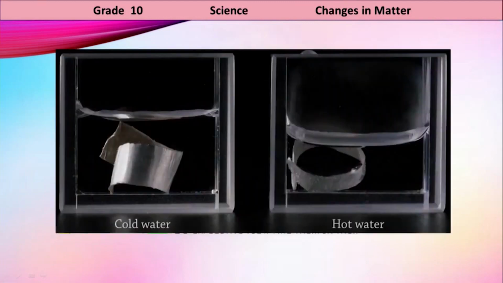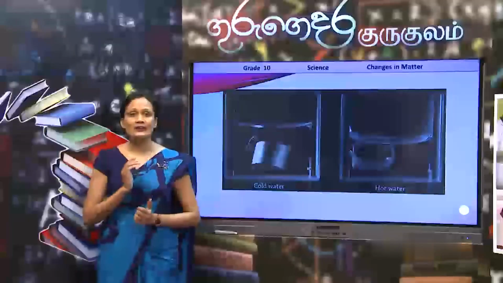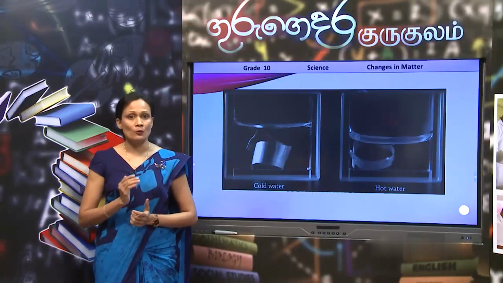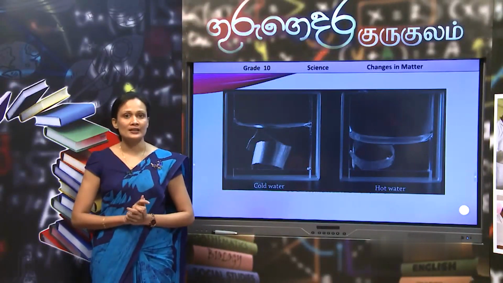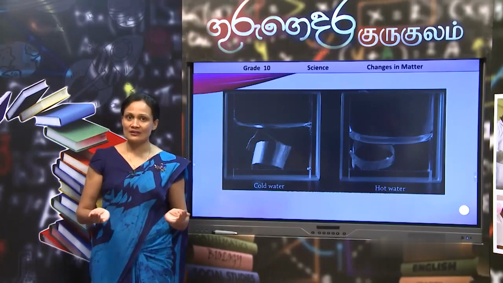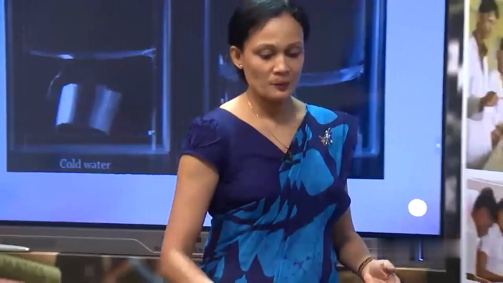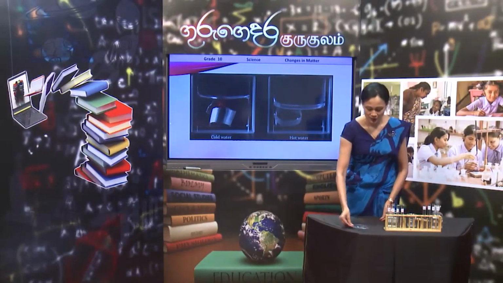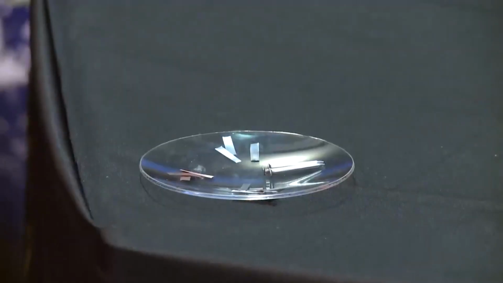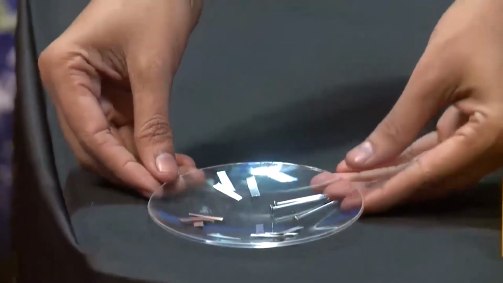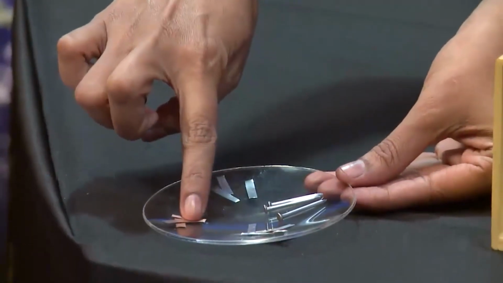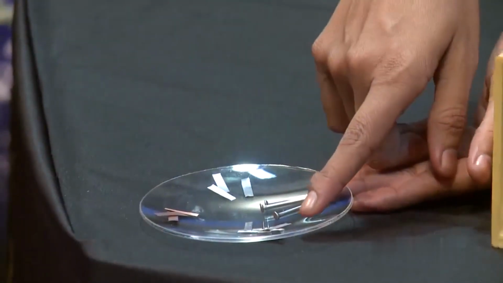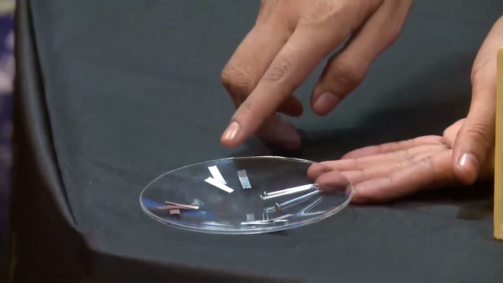Now I am going to do an experiment relevant to the reaction of metals with cold water, hot water and steam. Okay children, let's start. Look at this. Here as metals, I have copper, magnesium, iron and zinc.